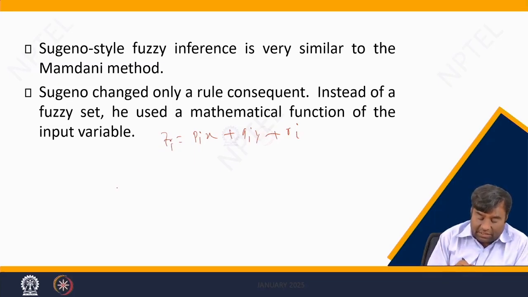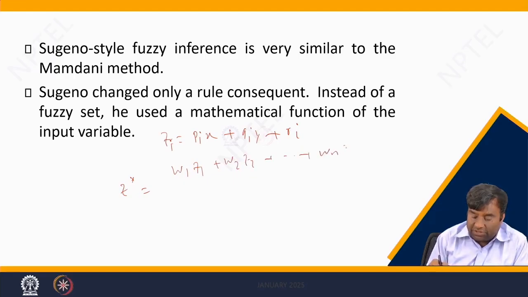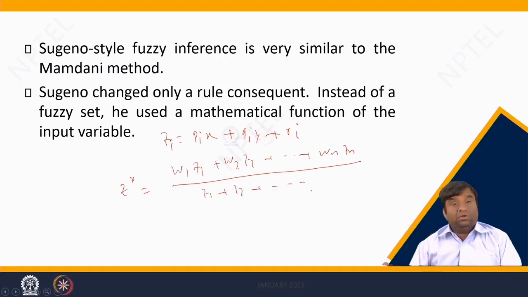Similarly, here the defuzzified output value is z star equal to w1 z1 plus w2 z2 plus up to wn zn, divided by the sum of the weights. In this way we get the value.